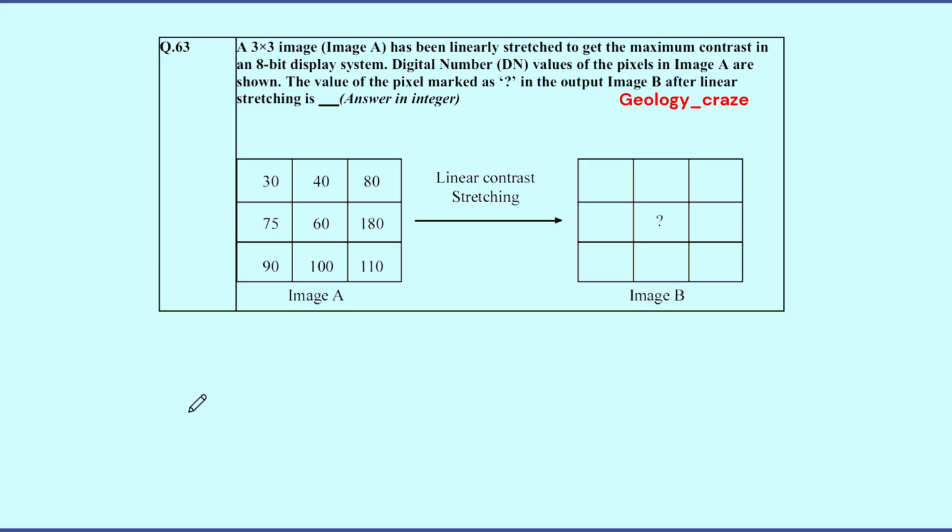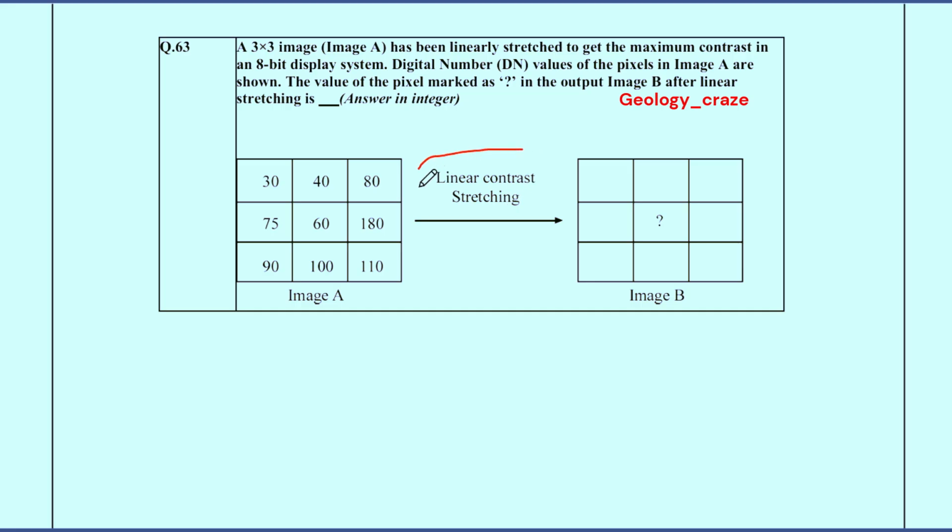Before explaining this question, we should know these two terms: linear contrast stretching and the pixel. And what is the DN value, and why we are using the DN value. But before that, we have to understand what is raster versus vector. What is the main difference between the two?